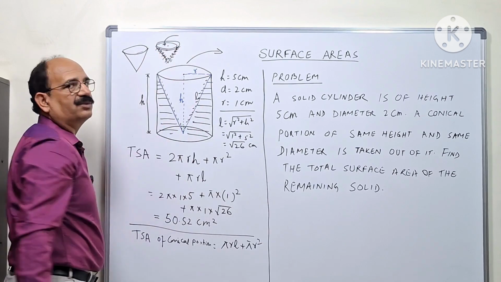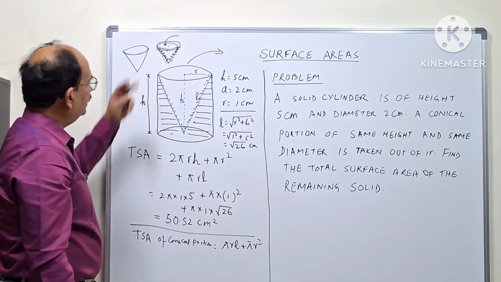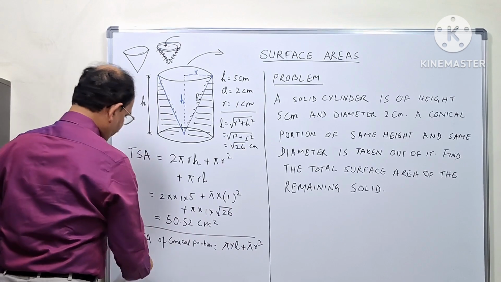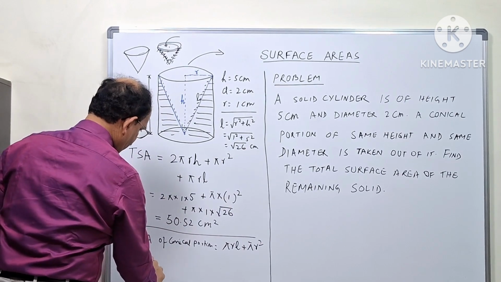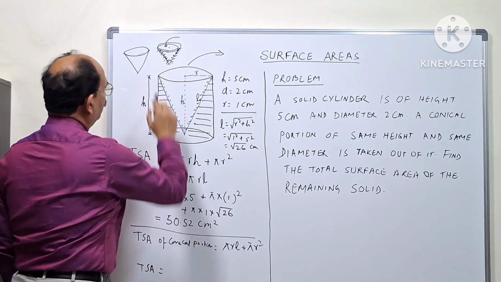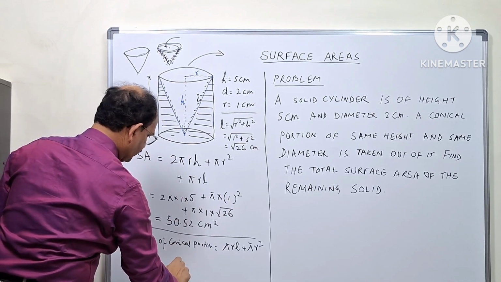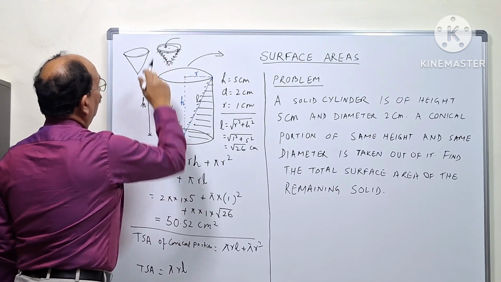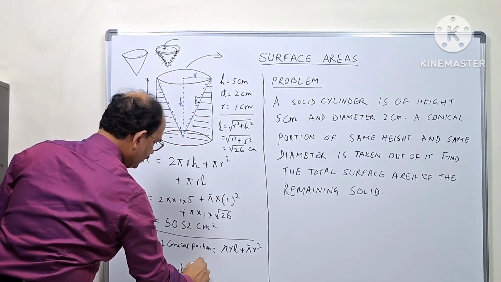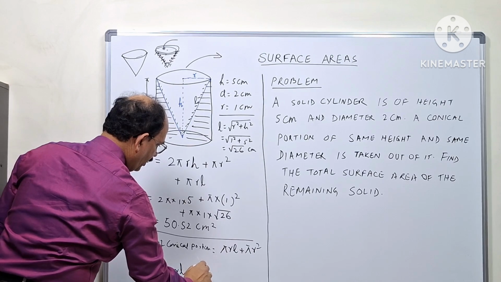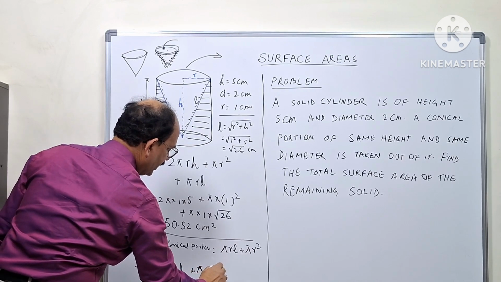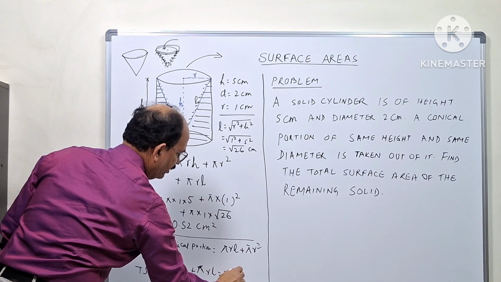So this becomes the total surface area. In this kind of situation, the total surface area of that solid will become equal to pi r L, which is available outside, and pi r L, which is available even inside. So that becomes 2 pi r L.